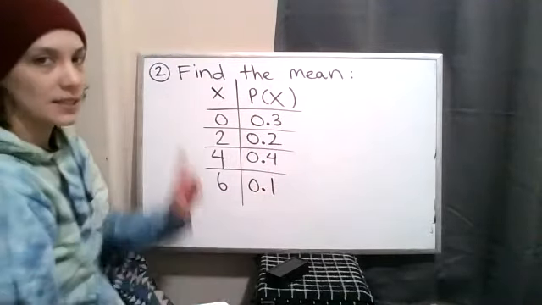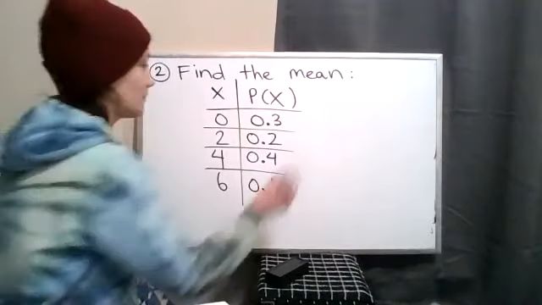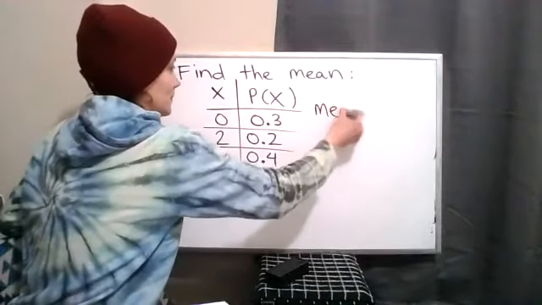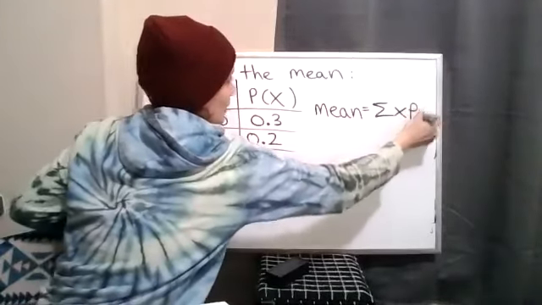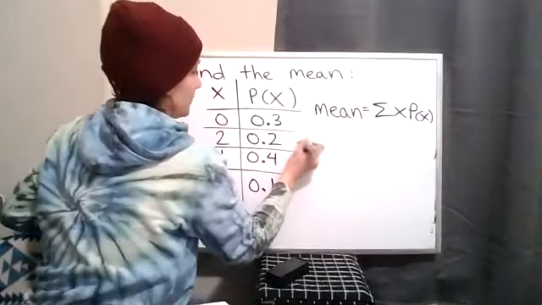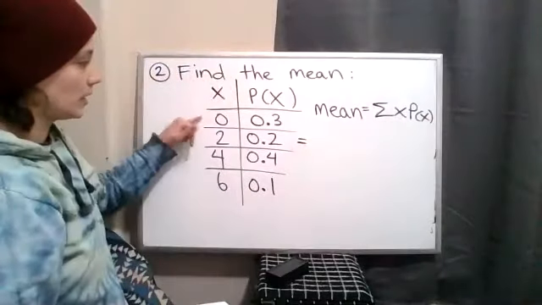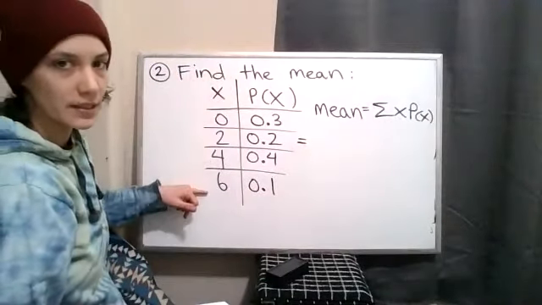And the mean is the sum of x times p of x. And we're putting in 0, 2, 4, 6.